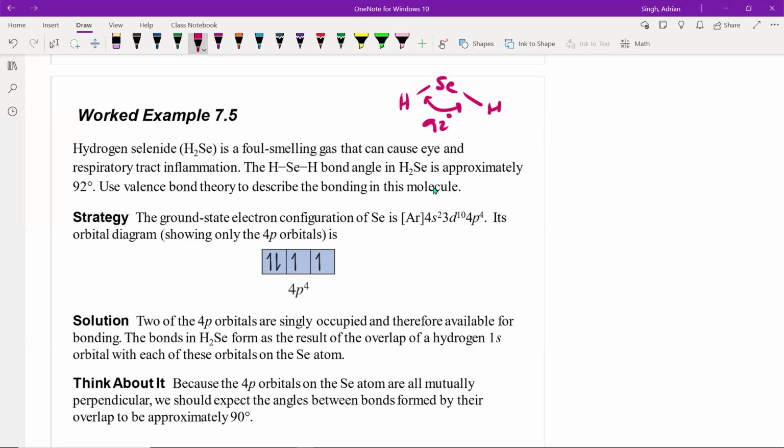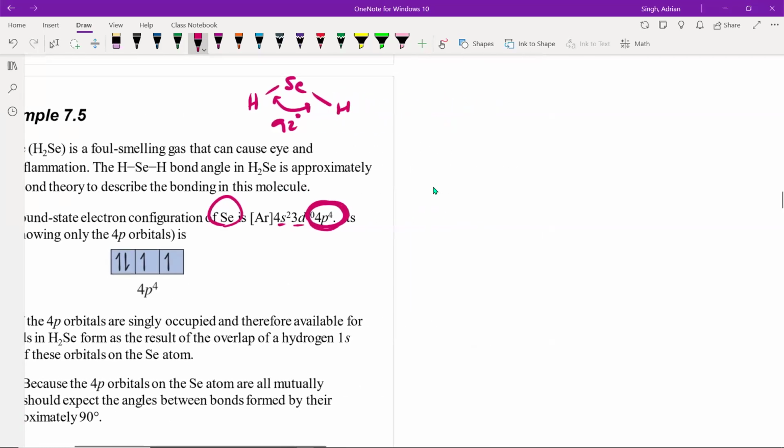We know the ground state electron configuration for selenium is Se, 4s2, 3d10, 4p4. This is what we're concerned with, the valence electrons. So in the case of selenium with 4p4, this is my selenium atom here, Se, and I have my three p orbitals, like so.